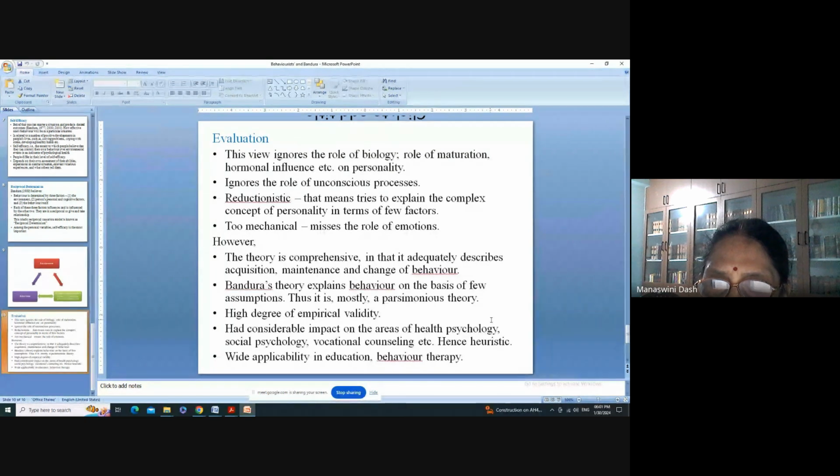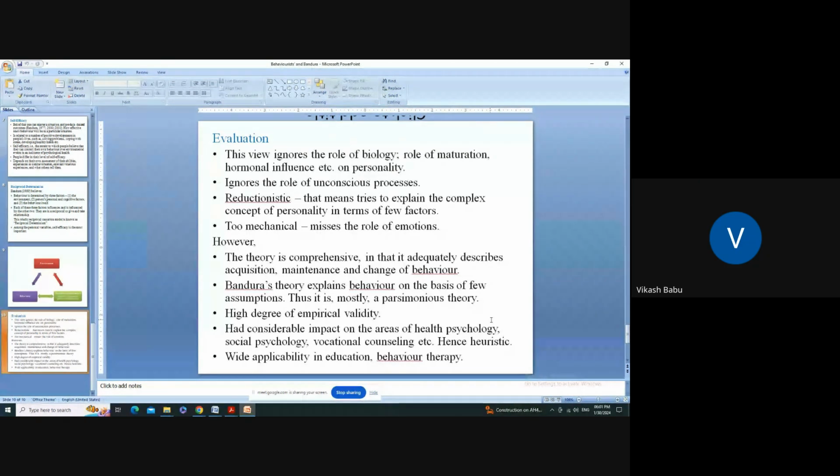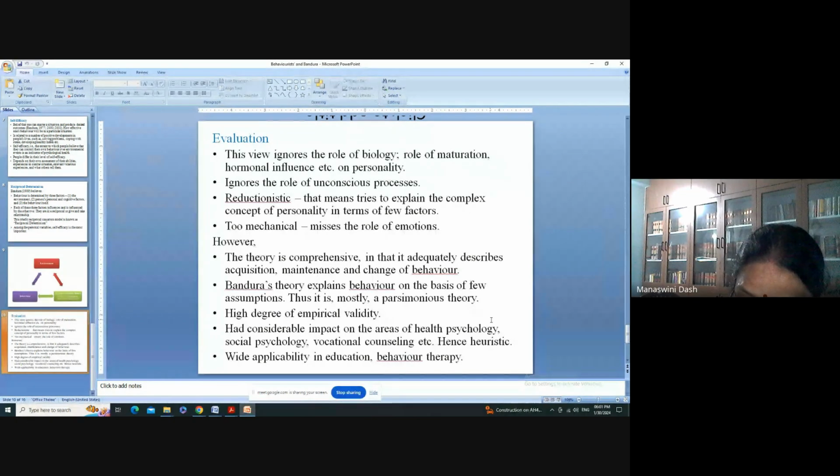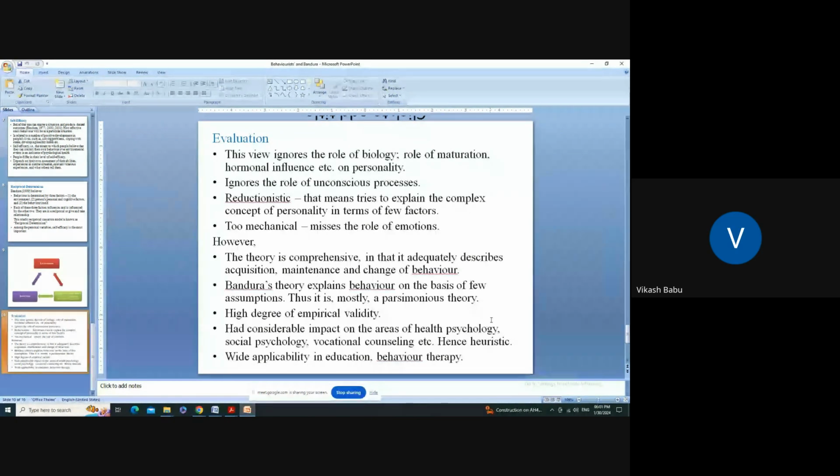Ma'am, can I repeat again our class, like reciprocal determination? I understood the example, but I cannot get any definition of that particular thing. And a second thing, I request you, ma'am, can you please explain in Hindi language, ma'am?